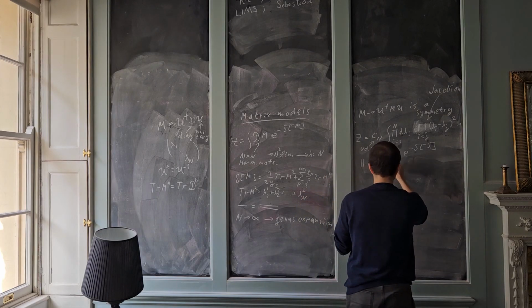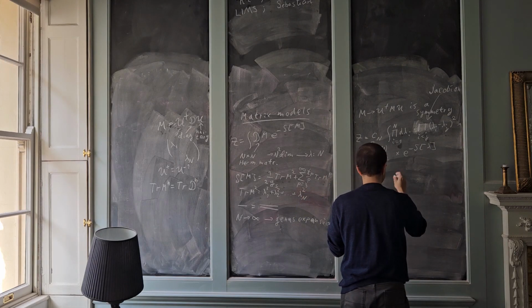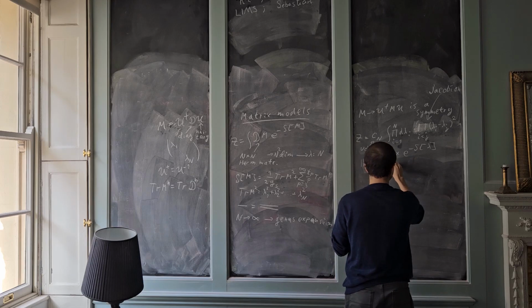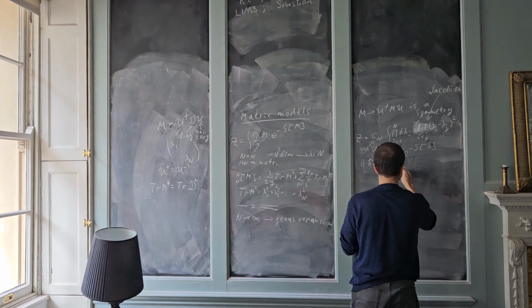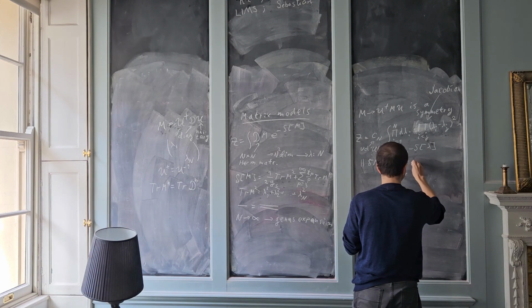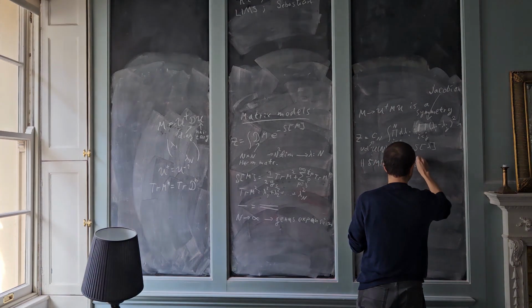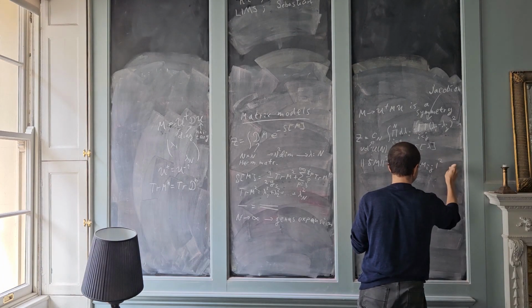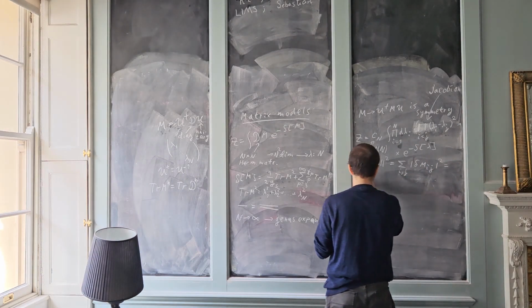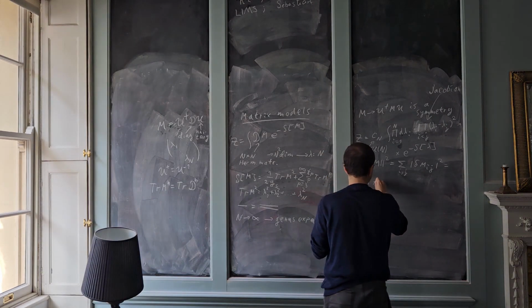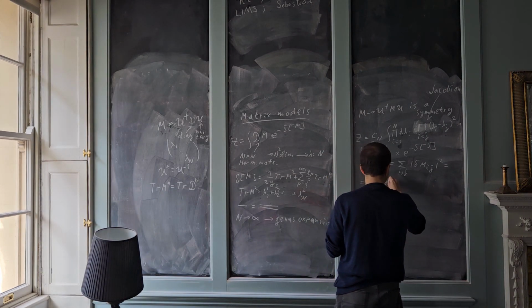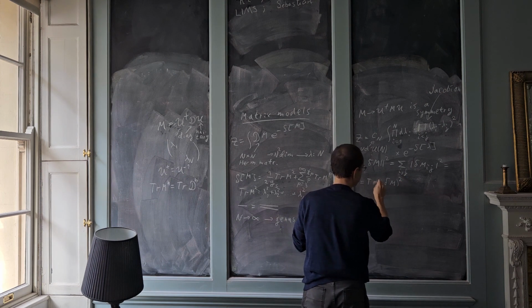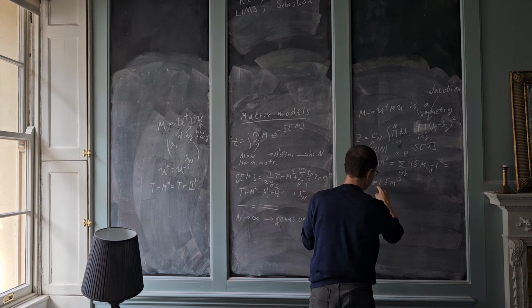So delta m squared. To write it, we say it's just the sum over all ij, absolute value of delta m_ij squared, which can also be written as trace of delta m squared. So we take the matrix delta m, take its square, and take the trace.